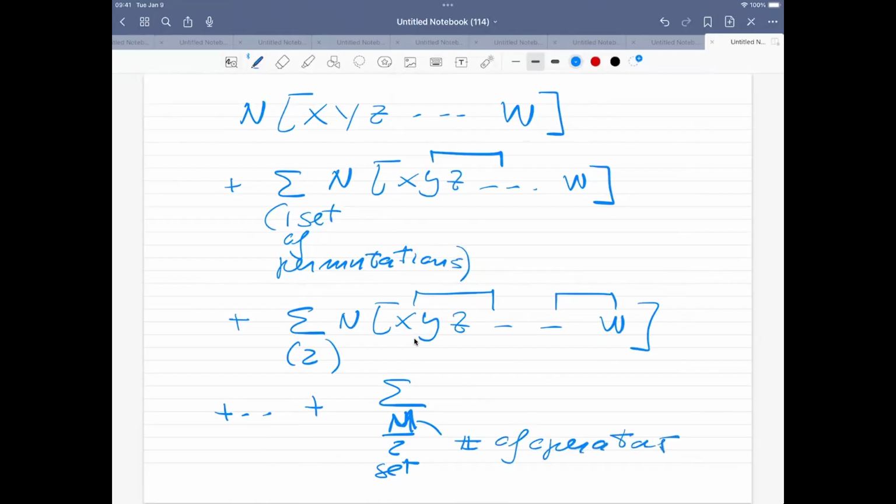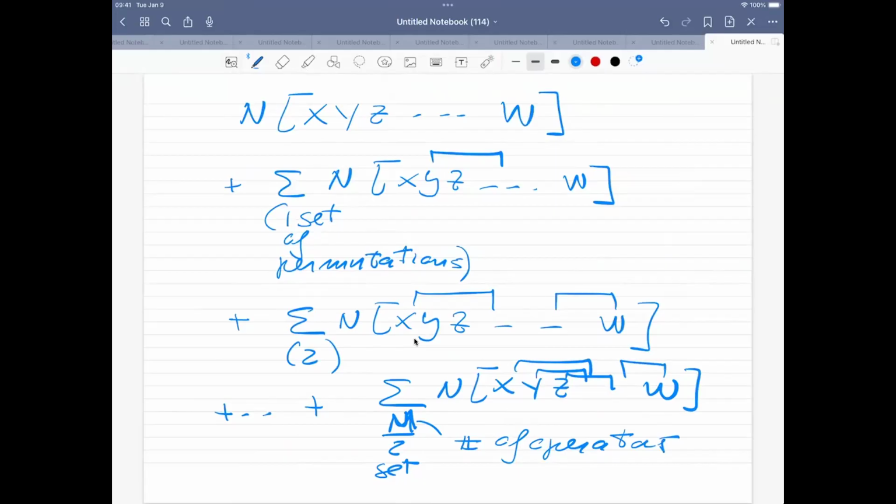So this is m-half because we have to match every creation and annihilation operator. And this is given by the normal product over all possible contractions, X, Y, Z. So this will be contracted with something, this one as well, and then we have W as well here. So that's the final one.